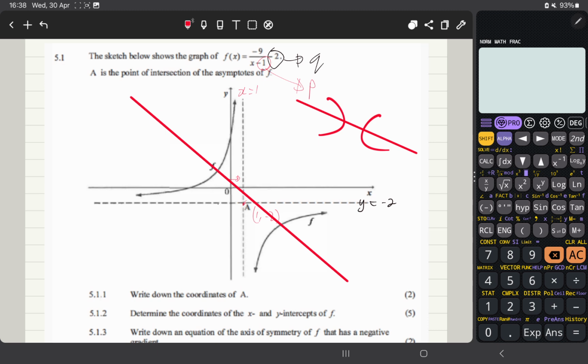And there was this other particular thing that I said: if A is negative, then you have your graph in the second quadrant and the fourth quadrant, which is what we have here.